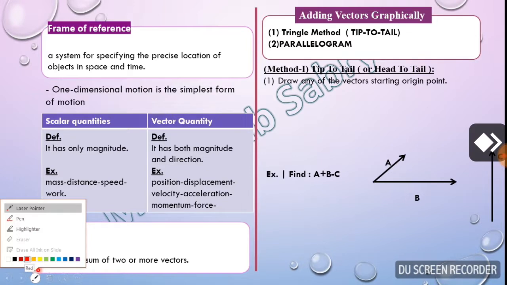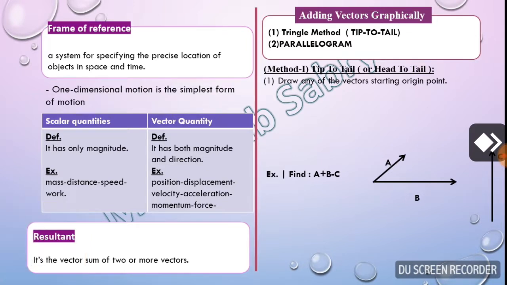Let's use A. We'll drag A along its direction, parallel to its direction, the same direction and the same side. So this is A.